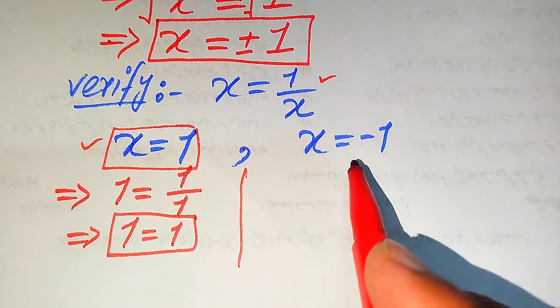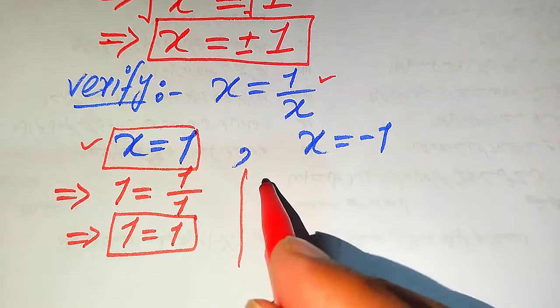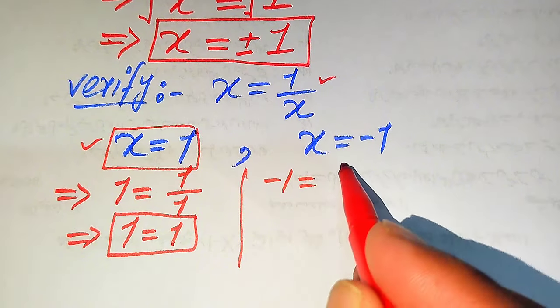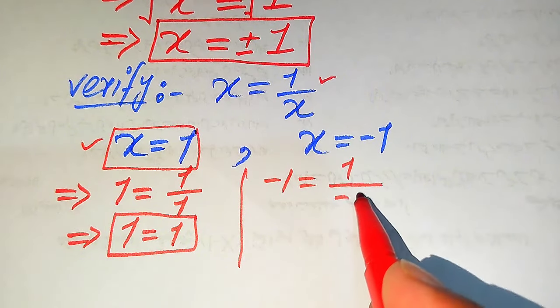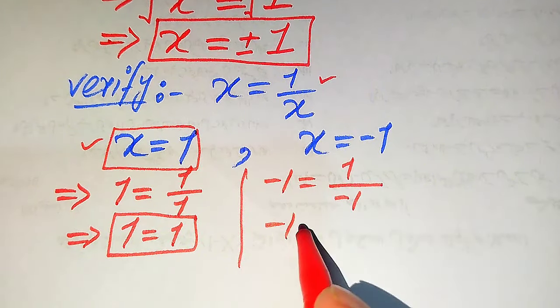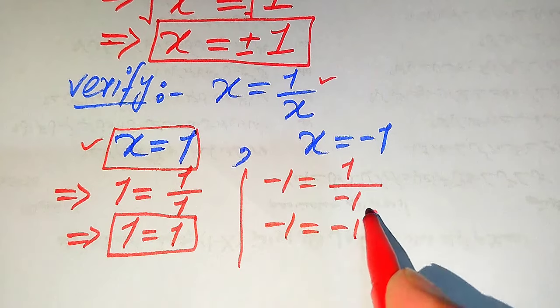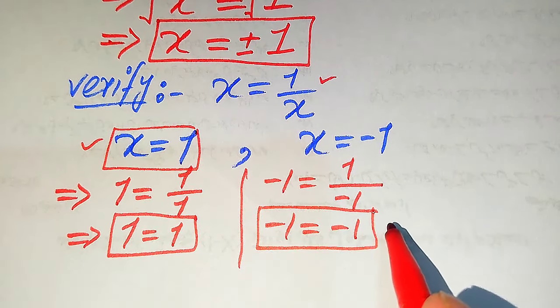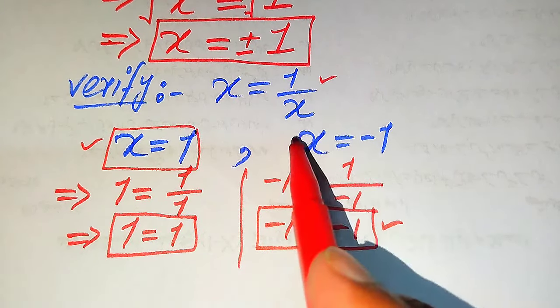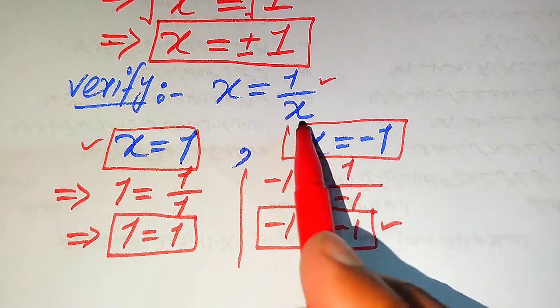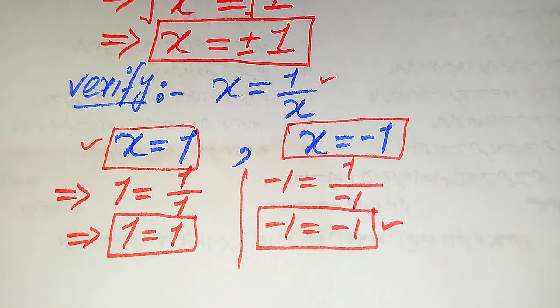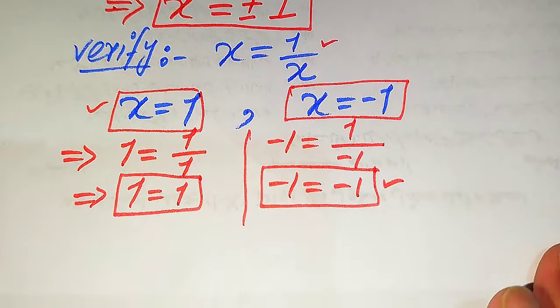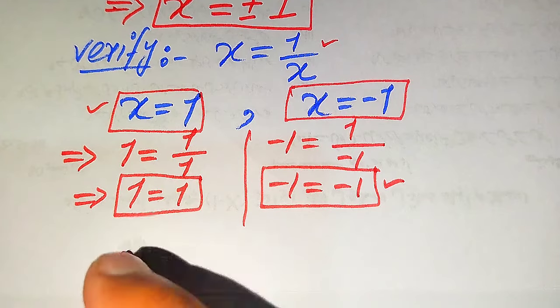In this case we substitute minus 1 on both sides, and we get minus 1 equals 1 over minus 1, so minus 1 equals minus 1. This also shows that the second value of x satisfies our given question statement. So both of these two values satisfy the given question statement.